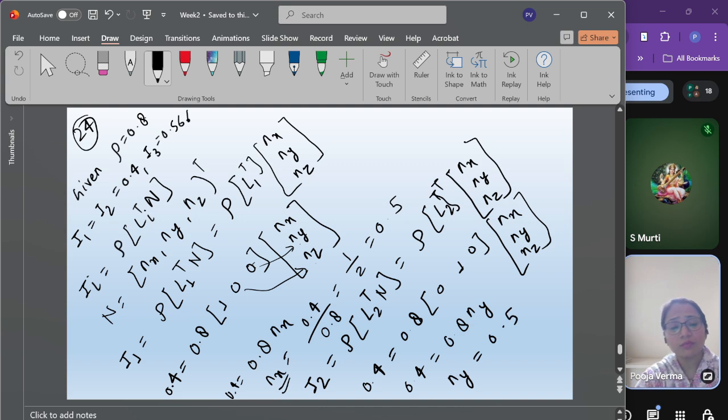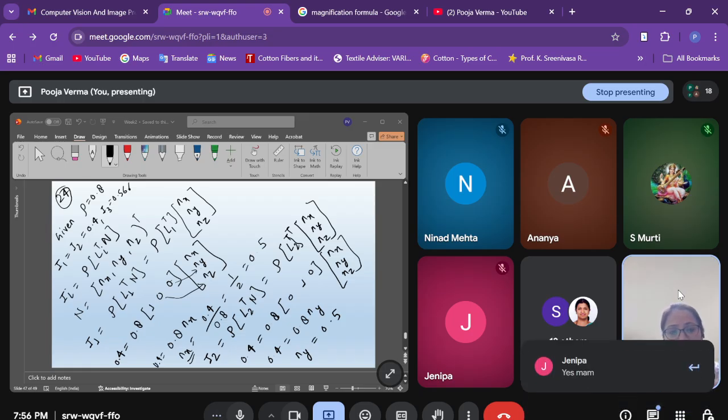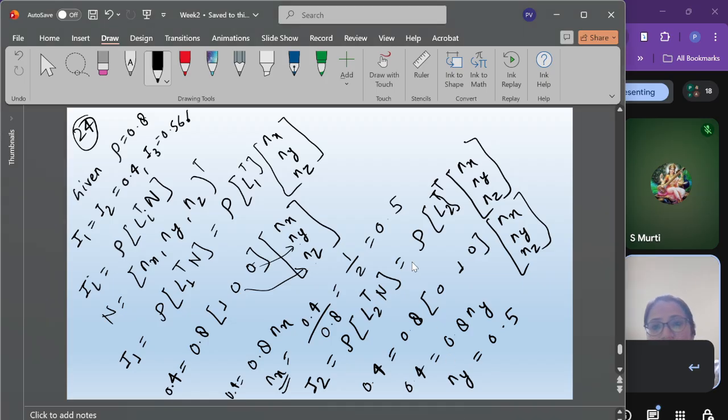Now similarly we need to calculate for nz. Can I remove the upper side from here to calculate the nz value? Till now it is fine for you? Okay. I'm just removing it.